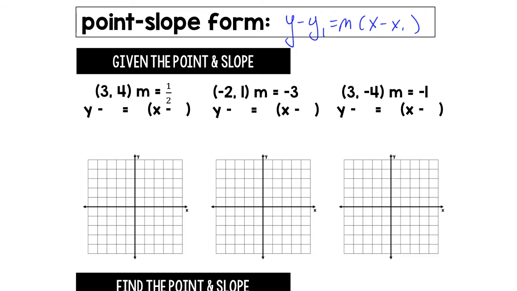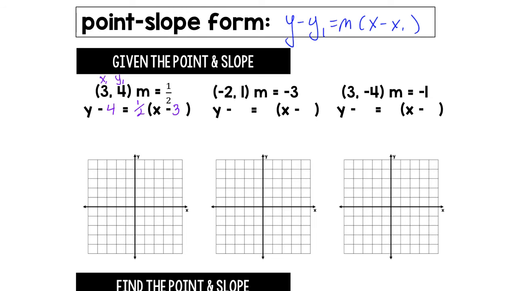So we have 3, 4. Let's list that as x1, y1, and then we know m. So to refer back to our equation, y minus y1, which is 4 in this case, equals m, which is 1/2, times x minus x1, which is 3.